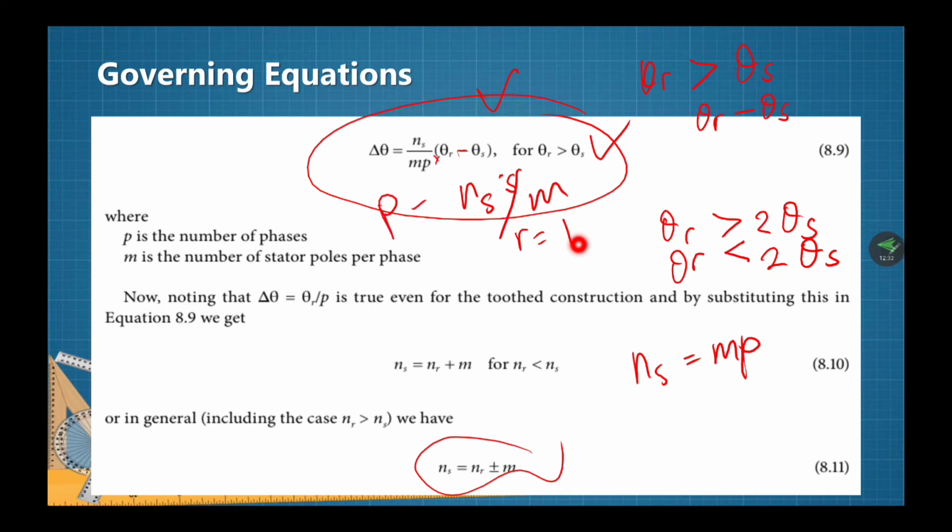So the P can be replaced as ns per m, converting an equation for a knotted pole construction to the corresponding equation for the tooth pole construction. Okay, this is the governing equation.